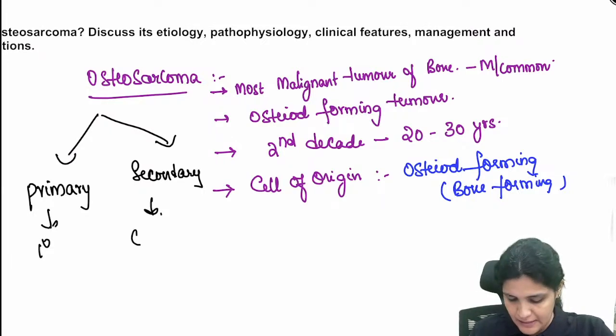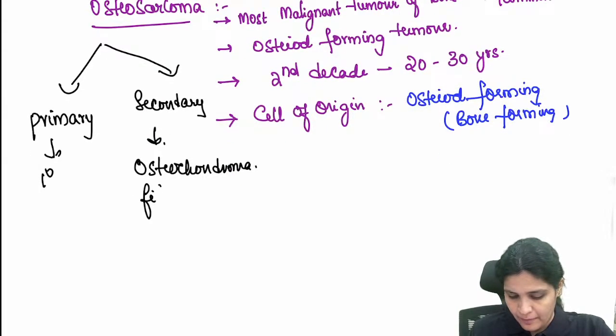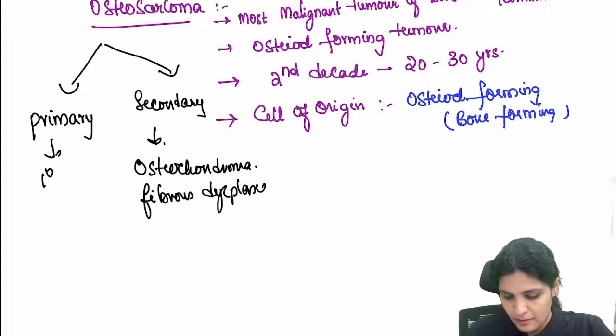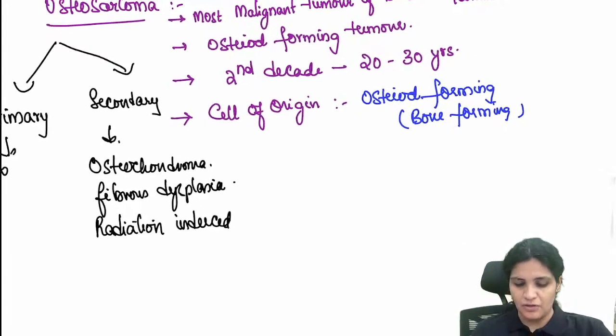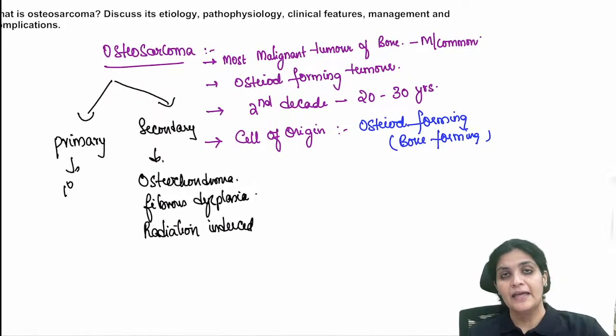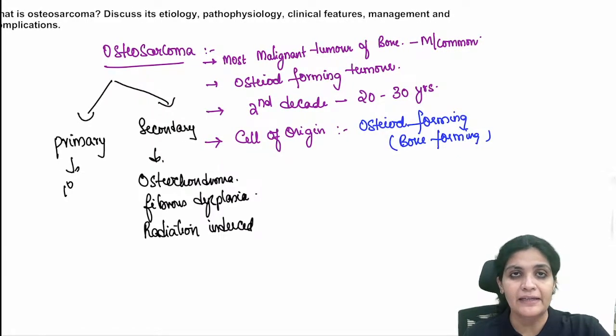So what are the other diseases? Could be osteochondroma, radiation, fibrous dysplasia, right? So these are all secondaries where it results from a disease, and then you will find the osteosarcoma in that. Radiation induced osteosarcoma is common. The cell of origin is osteoid forming.